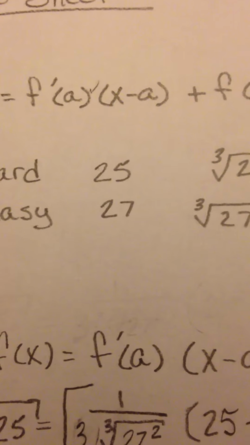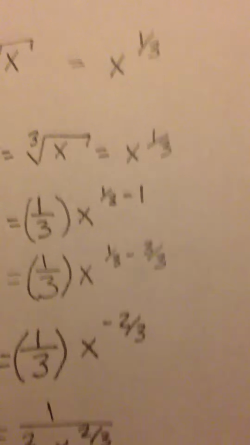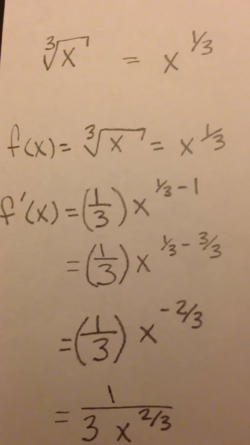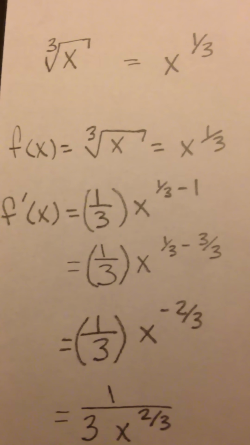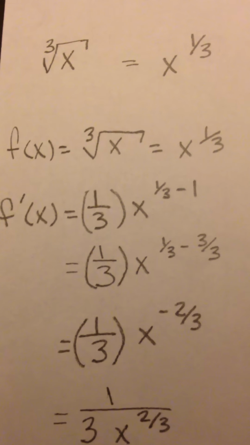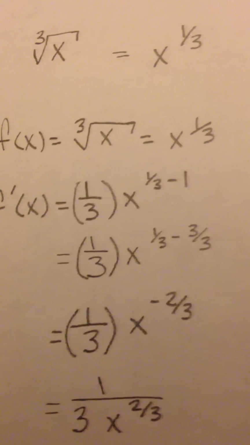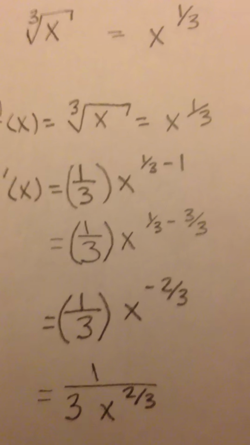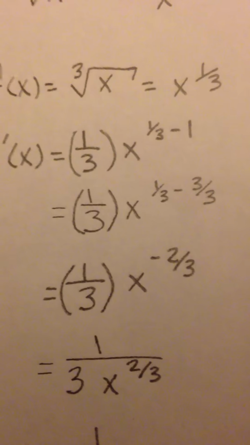Alright, so now we need to figure out what the f prime is. So for f prime, taking derivatives, yay! Alright, so our f of x was equal to the cube root of x, which is the same thing as x to the 1/3. So just use x to the 1/3 and use the power rule to take the derivative.